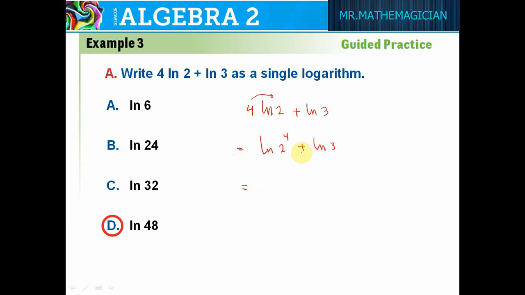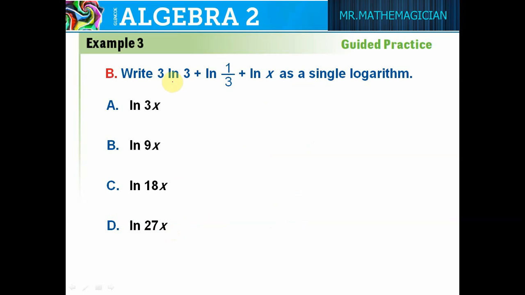Now we can get the plus into multiplication, so take 1 ln, and this will be 2 to the power of 4 multiplied by 3, and this will be ln, 2 to the power of 4 is 16, multiplied by 3, 48. So ln 48 is the accurate answer.